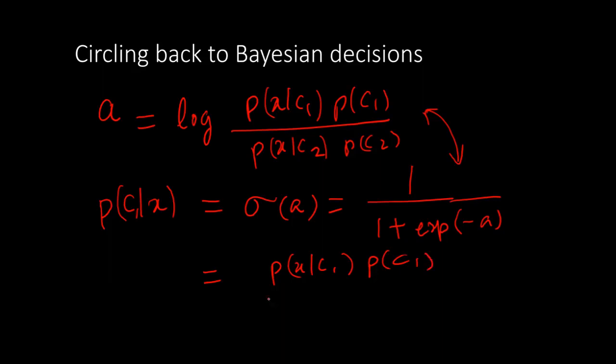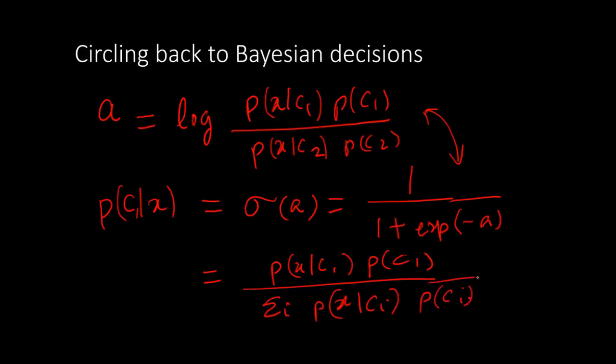And what is p of x? P of x is the sum over i of p of x given ci, p of ci. Here both terms are added in the bottom, for i equal to 1 and i equal to 2. So these two are equivalent.